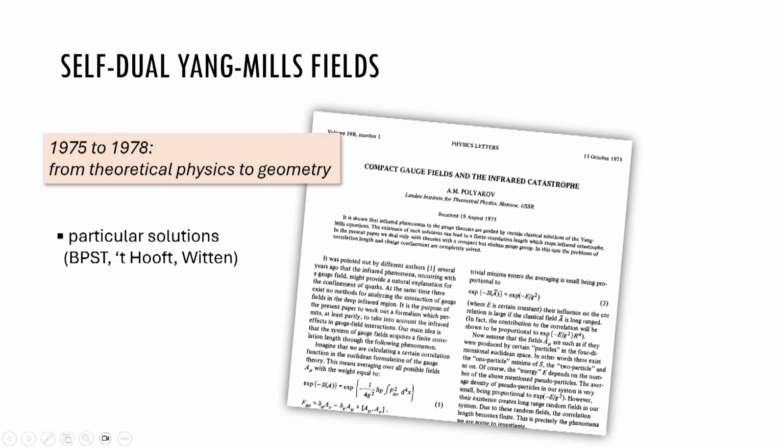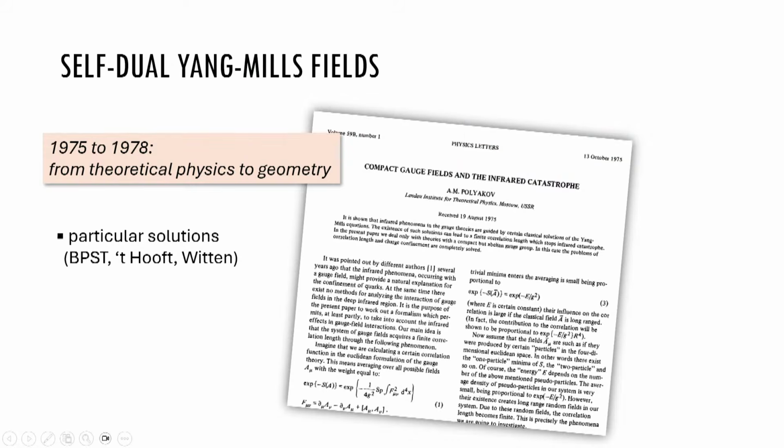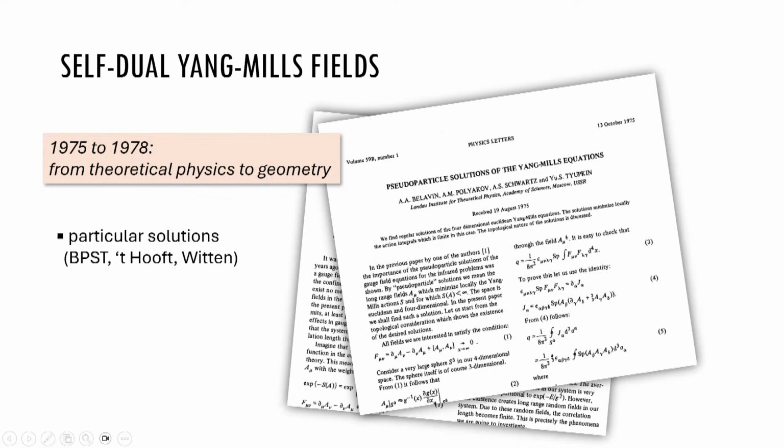This is Polyakov's paper. He's coming at it as a physicist. Infrared catastrophe up there. He promises in this paper to actually give us a solution in a follow-up paper. That follow-up paper is this. It's by Belavin, Polyakov, Schwartz, and Tyupkin.